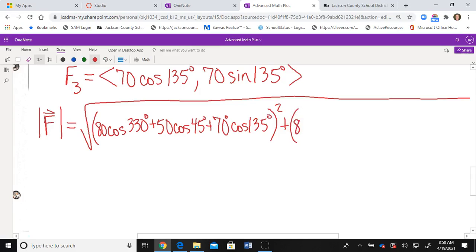So 80 sine of 330 plus 50 sine of 45 plus 70 sine of 135 squared.